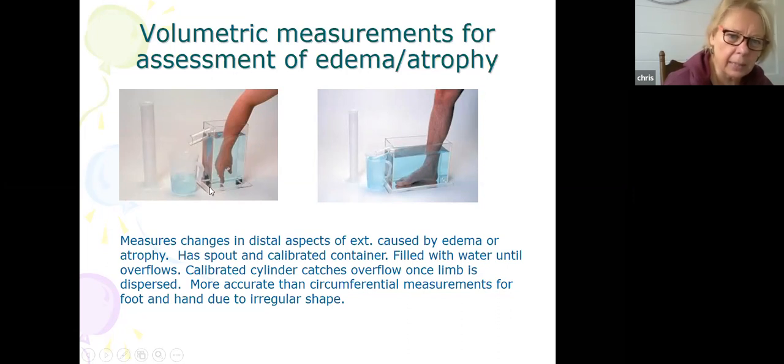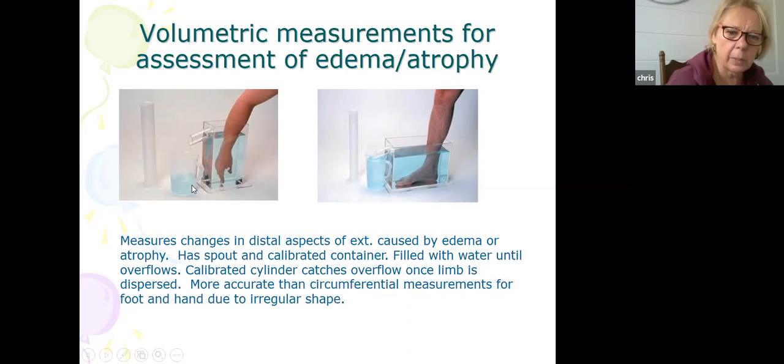All right, then you empty out this. Once it stops leaking, you ask the person to insert their hand. So if they have swelling in the right and no swelling in the left, we would do the left hand first, and we do a recording. So this calibrated cylinder here catches all the overflow of water that has been displaced by the hand, right?